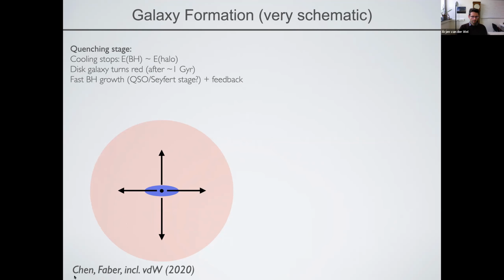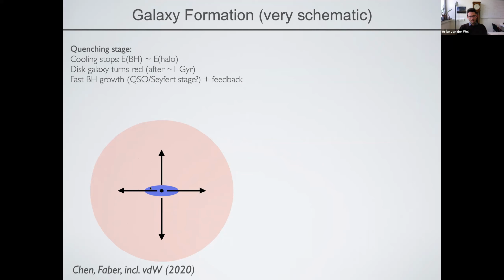This is a picture presented in a recent paper by Sandy Faber and a student of hers, that I was privileged to be a part of. So the idea there is that at that point, the halo can't cool anymore, right? Together with the shock heating that happens to the new material that falls onto the halo, it reaches this virialized state, and there's no cold flows anymore.